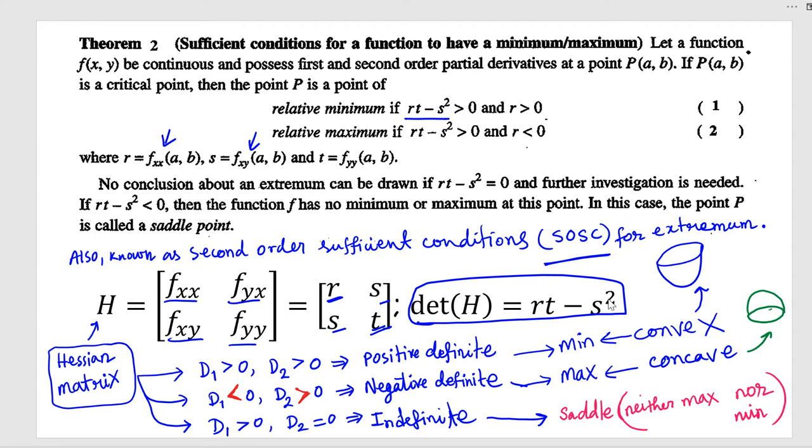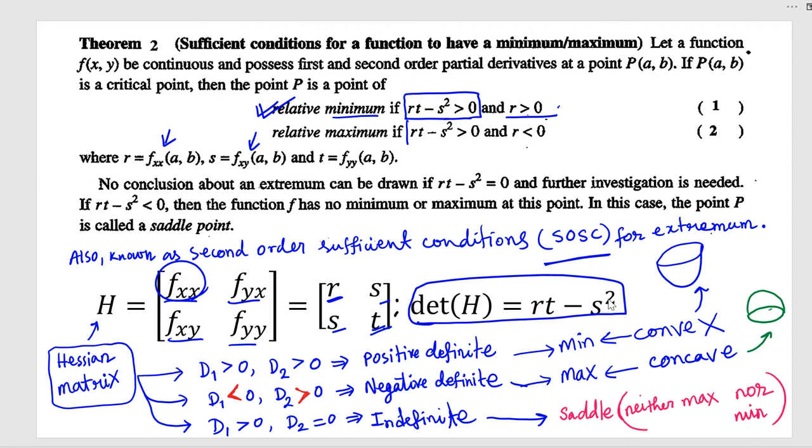First you have to verify whether it is greater than 0 or not. If it is greater than 0, then you need to check another condition. If R is greater than 0, then you can call it a relative minimum.